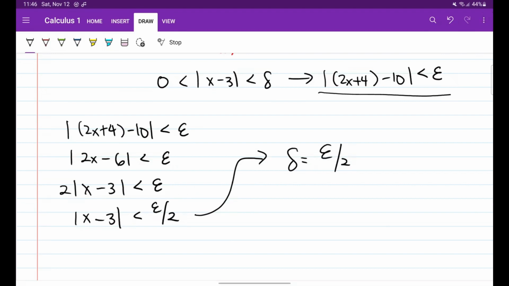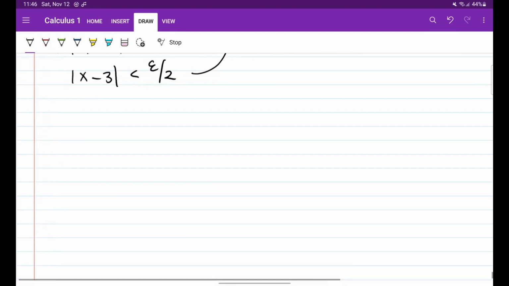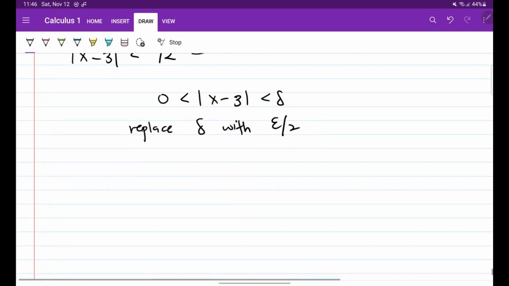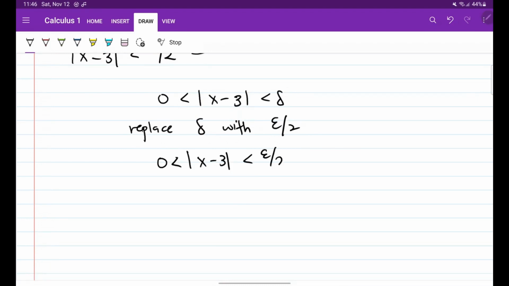Okay, so we can test the formula now. So we have 0 less than absolute value of x minus 3 less than delta. So we replace delta with epsilon over 2. Okay, so we now get 0 less than absolute value of x minus 3 less than epsilon over 2.